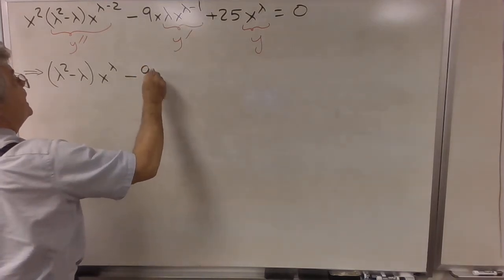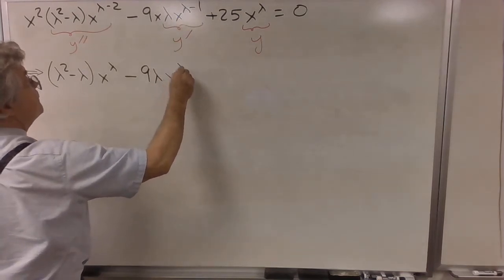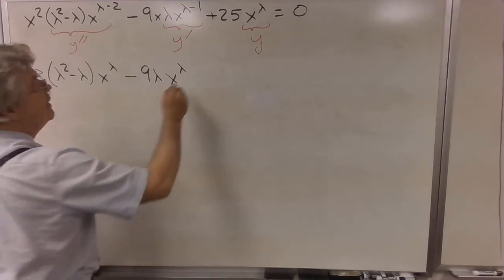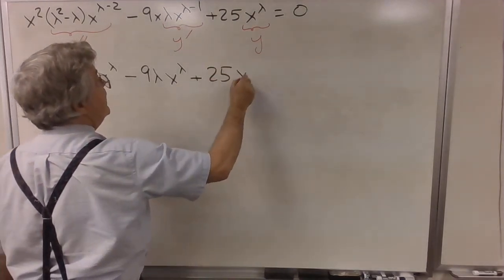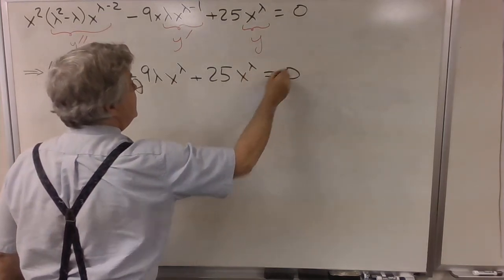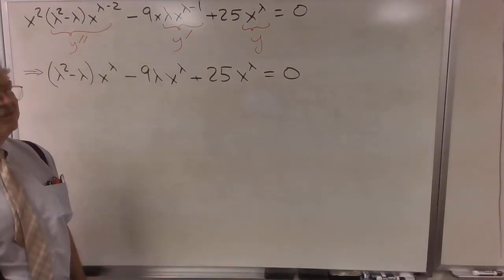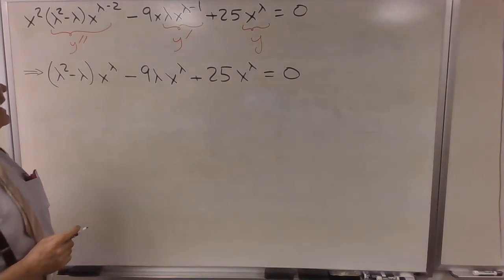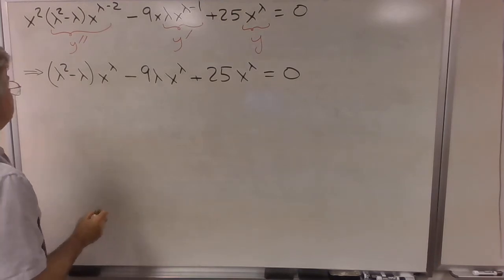So we get 9 lambda x to the lambda. And 25 x to the lambda equals 0. And we're not interested in the case where x is 0. So we're assuming x is not 0, and we can divide both sides by x to the lambda.